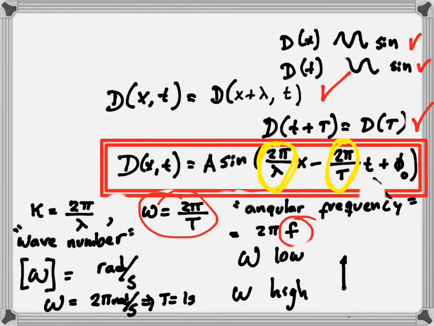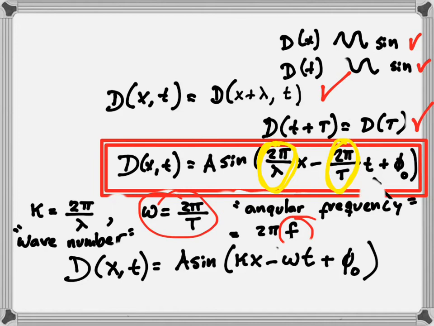A point on the wave goes up, and then it goes down, and it goes up again, and it does all that in 1 second. So if any point in a wave behaves that way, if a point on that string goes up and down several times in 1 second, then we say that it has a high angular frequency.